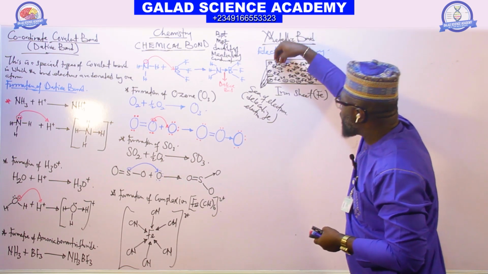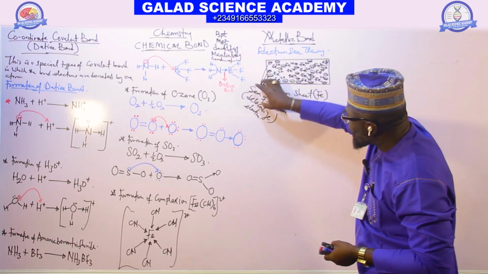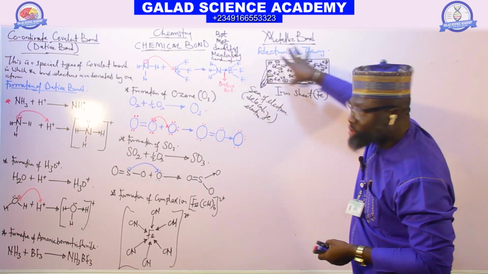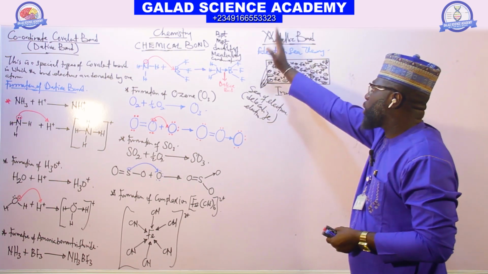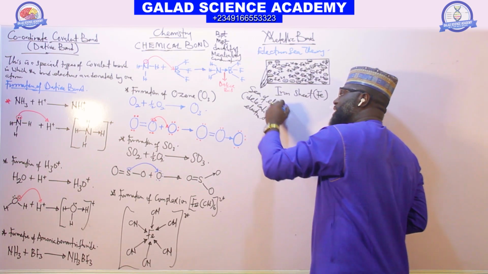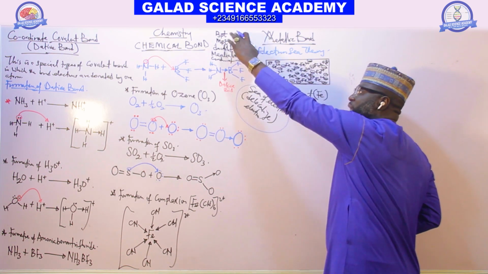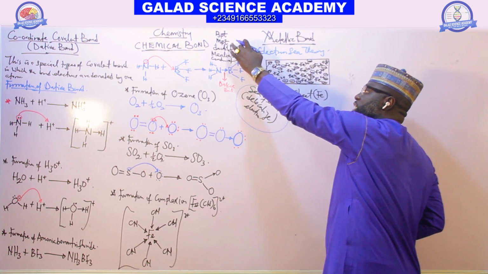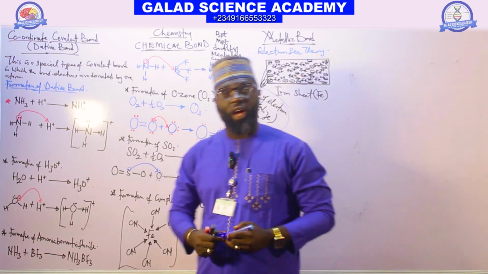The electron sea theory tells us that the electrostatic force of attraction exists between the delocalized electrons we have here and the metal ions. And that is what we call the metallic bond. The presence of this sea of electrons is responsible for high melting point, boiling point, ductility, malleability, and the conductivity of metal.